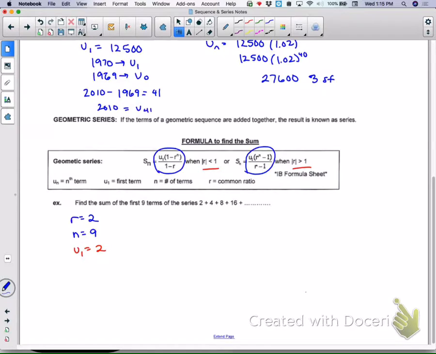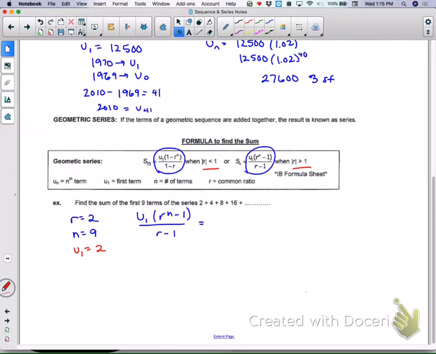Now, if we use the reasoning up there at the top, we would use that second formula, just because if I use the first formula, I have 1 minus 2 and I get a negative on the bottom. So I'm going to use this formula because it won't give me a negative on the bottom, but honestly, it really doesn't matter.